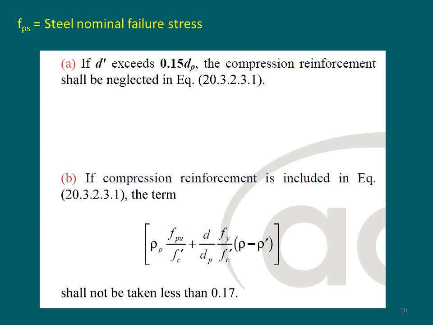Rho prime is going to be reducing this entire term, and they don't want you to reduce this term by much. So they put a limit here. They say that this term shall not be taken less than 0.17. Otherwise, you could just add lots of reinforcing bars into compression, and with that you would increase the amount of fps. They'd like to put a limit.